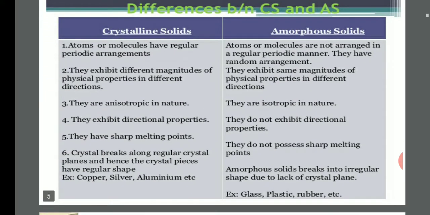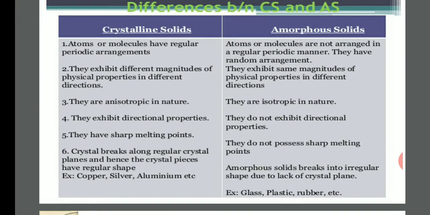Now, what is the difference between crystalline solids and amorphous solids? In crystalline solids, atoms or molecules have a regular periodic arrangement. In amorphous solids, atoms or molecules are not arranged in a regular periodic manner; they have a random arrangement.